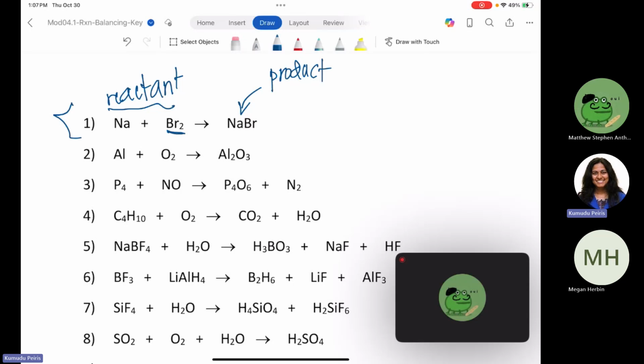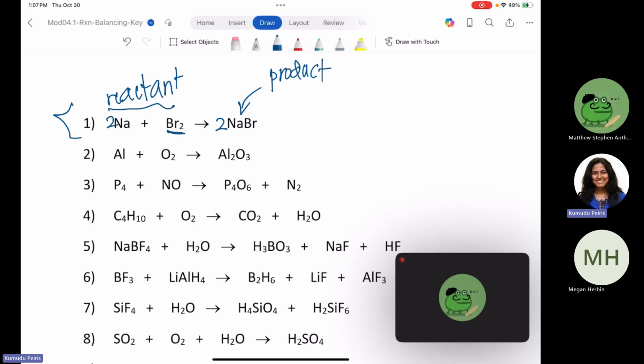Therefore, we have to add 2 in front of, as a coefficient for, the sodium bromide. There is no other way to match up the number of bromines with the reactant side. Since we add the 2 in front of sodium bromide, that makes 2 sodiums on the product side as well.